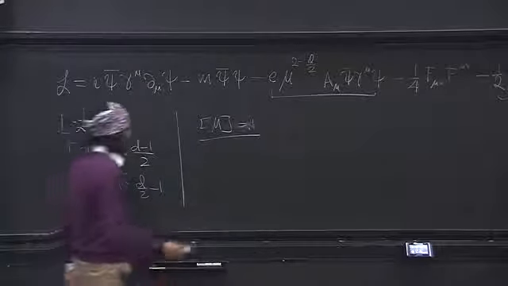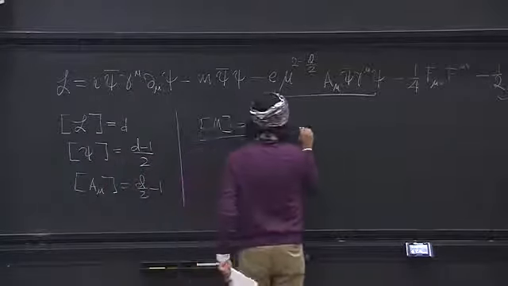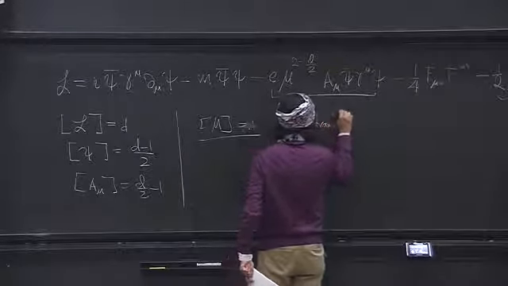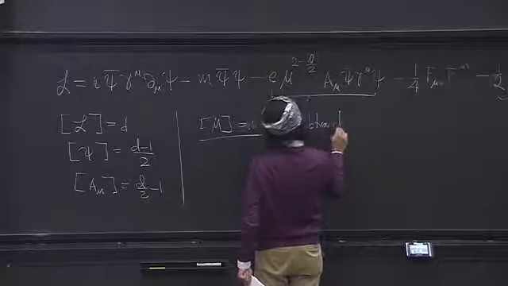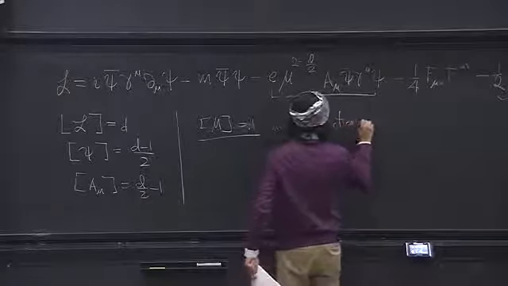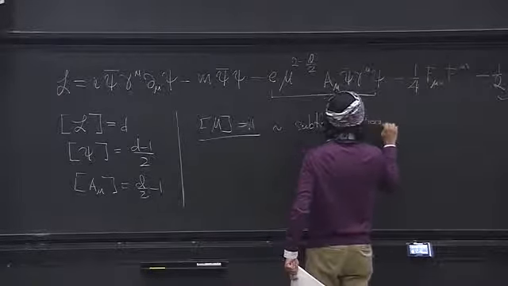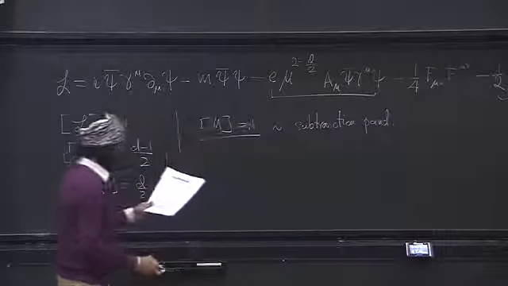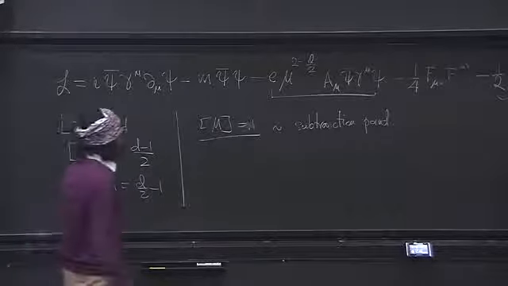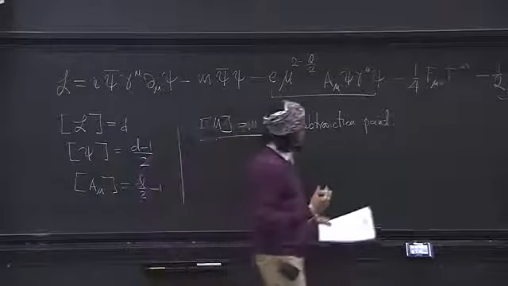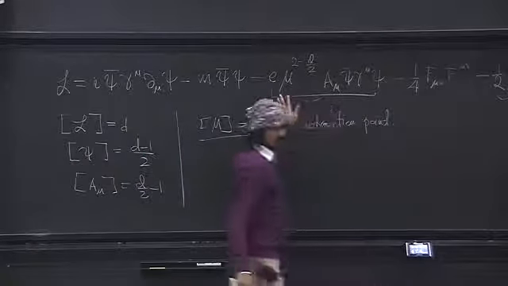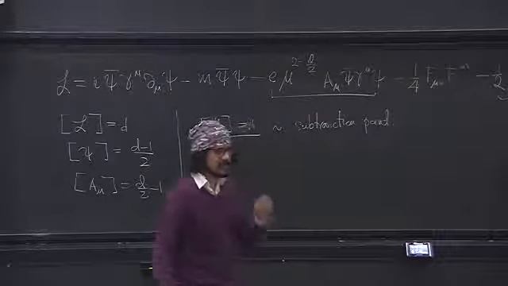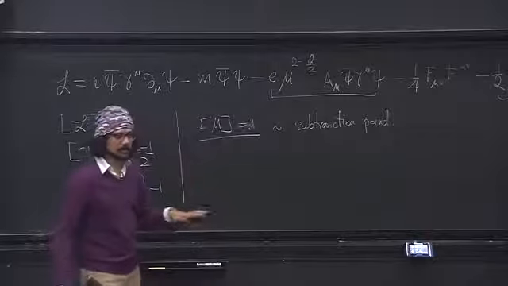Now this has a name. One name is the subtraction point, or the energy scale. However, one has to realize that this mu is an artificial parameter we're introducing, and the physics at the end of the day should not depend on mu.